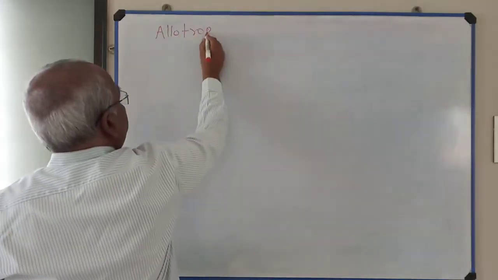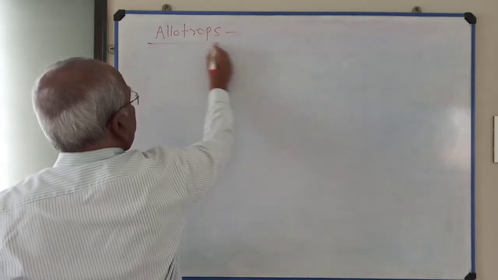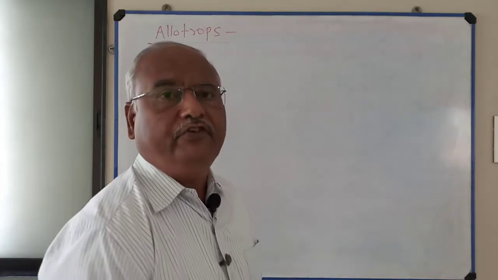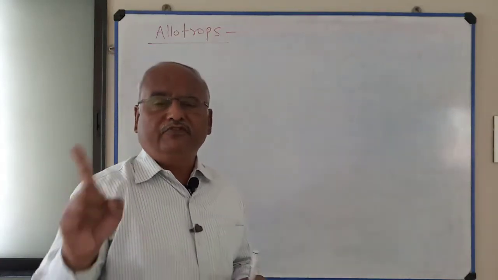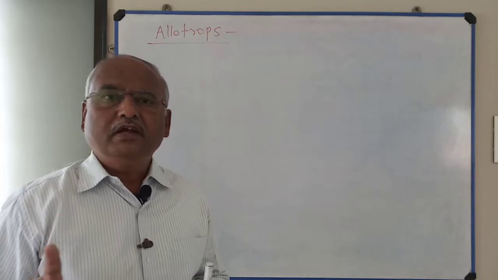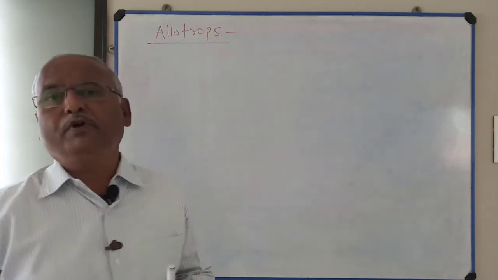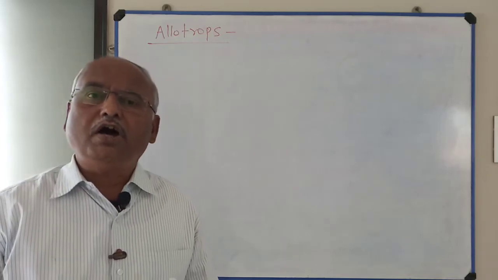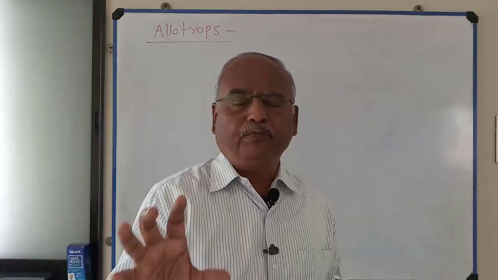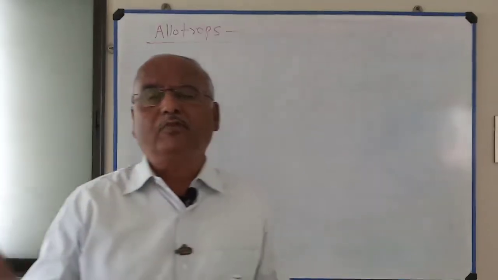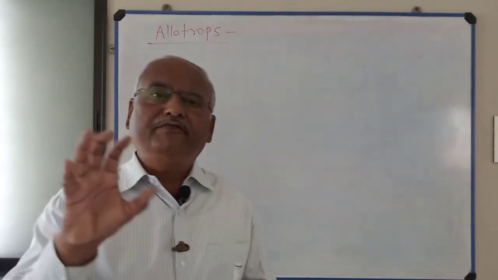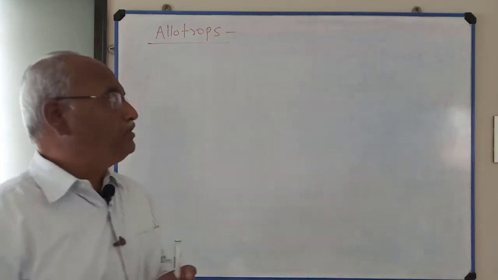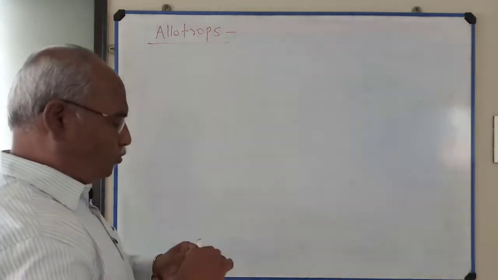So you know that allotropes are different physical forms of the same element having different physical properties and similar chemical properties.